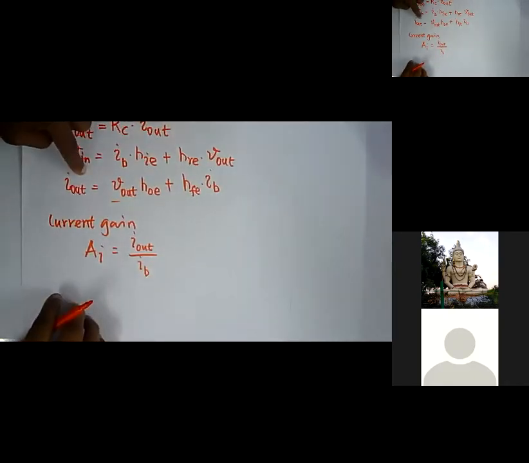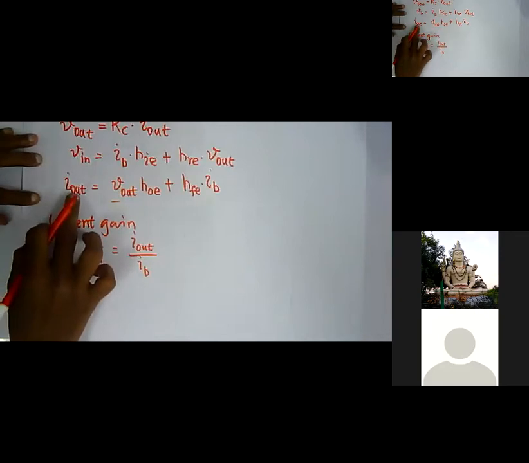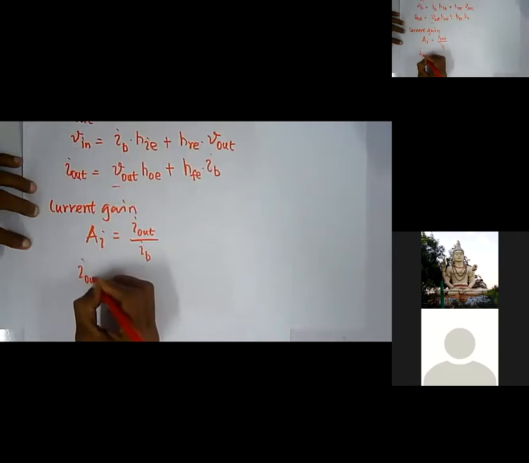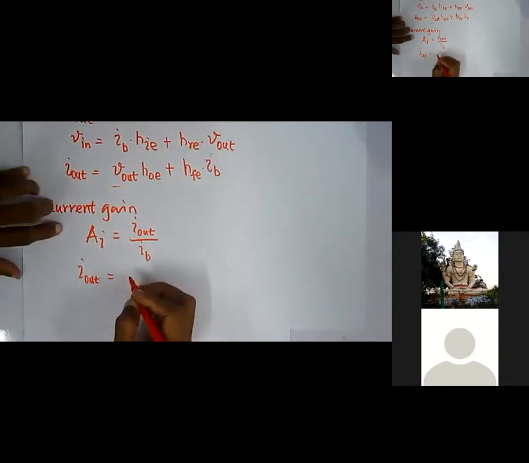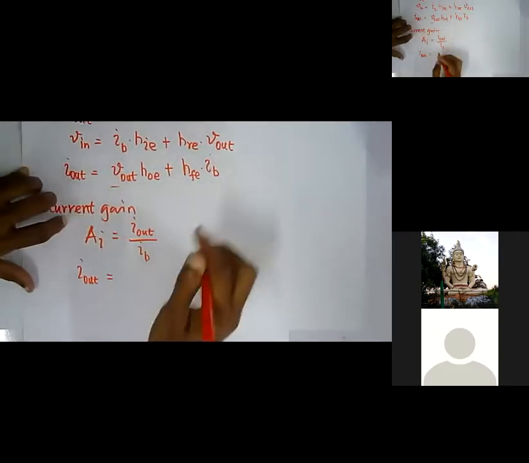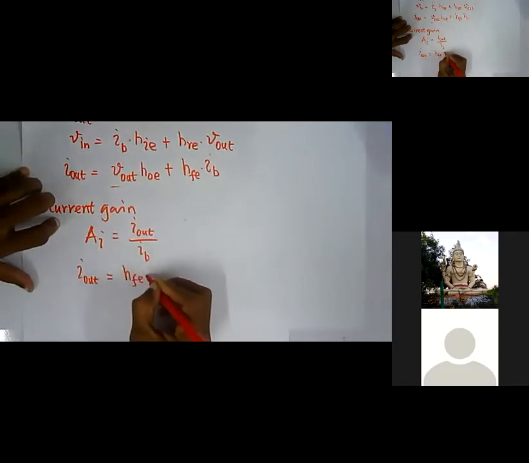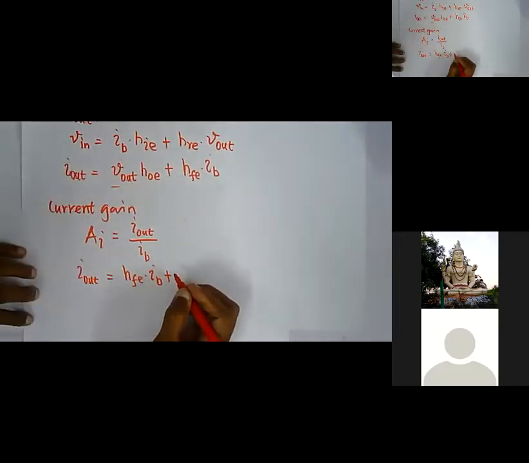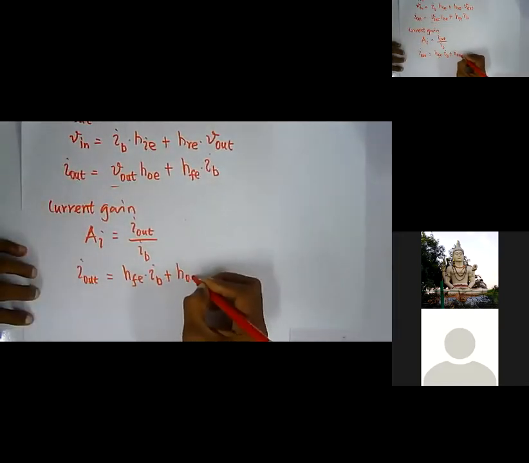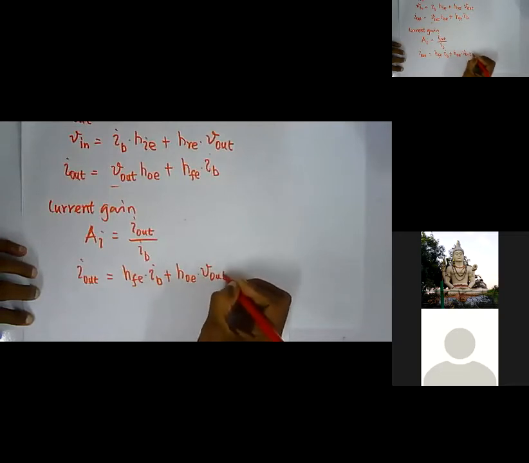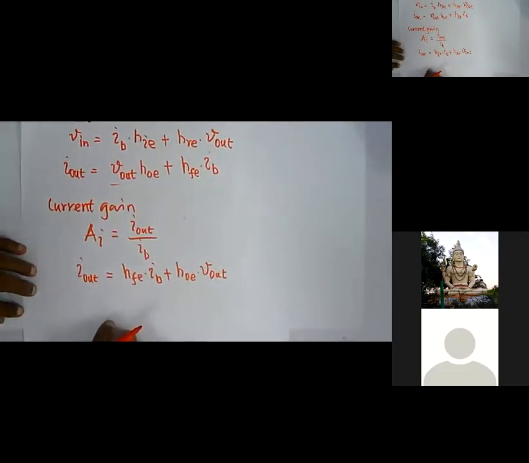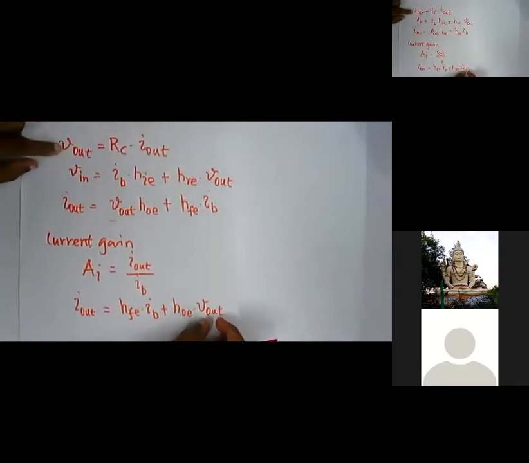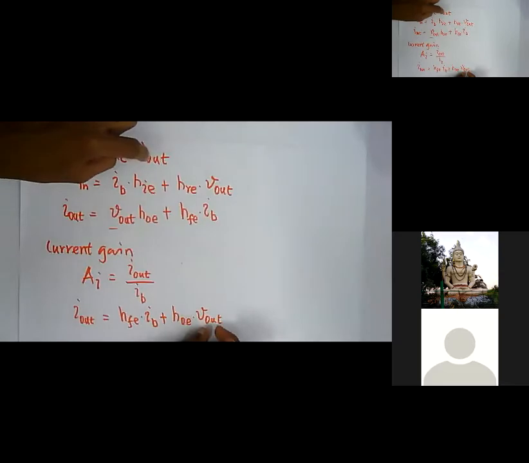Look at this equation for I out. I out is equal to HFE into IB plus HOE into V out. Now I can substitute V out as RC into I out.